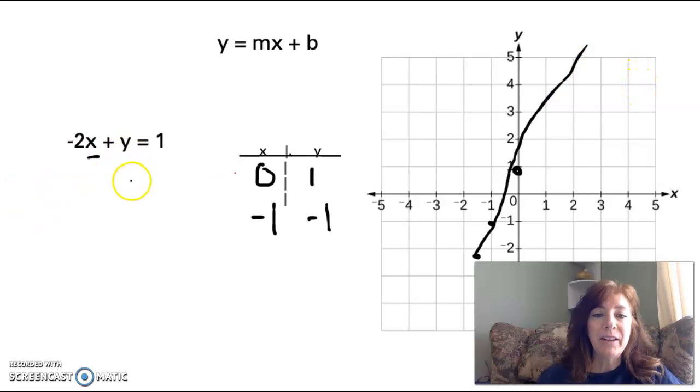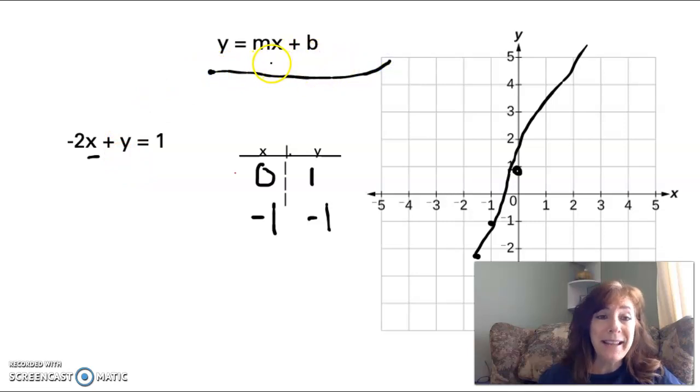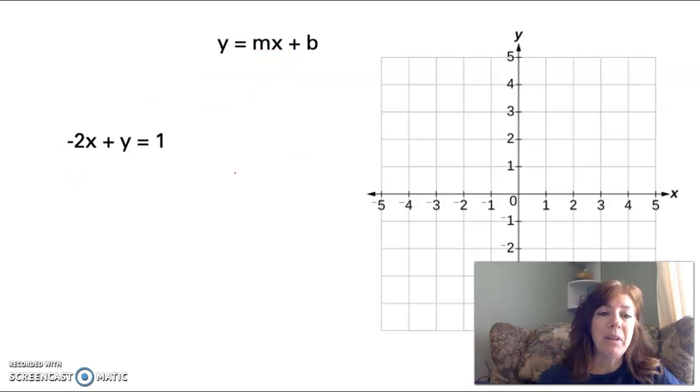But now we've learned that if you can solve for y and get your equation into this format, we can read that format and understand how to plot a line much more quickly. So if I can take my assigned equation and solve for y to get it so that y equals my x term plus my number, then we can do some things.